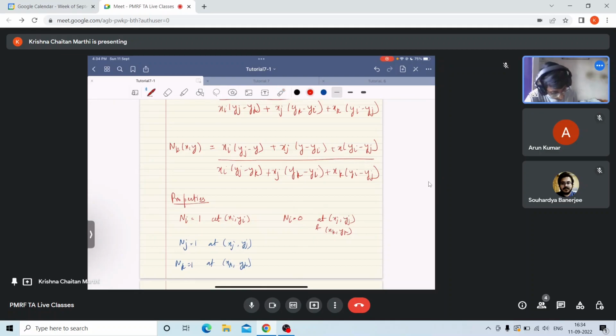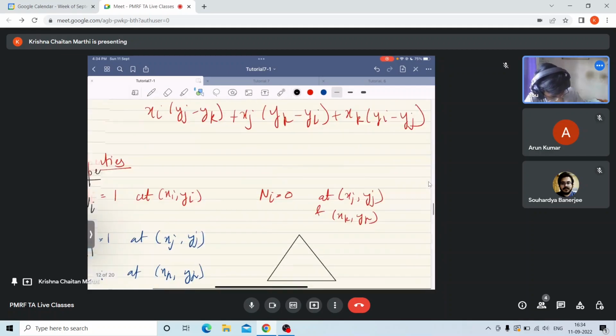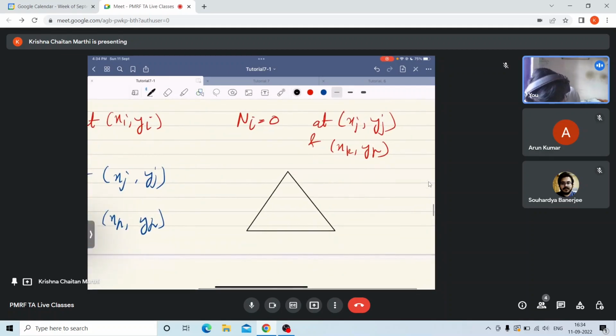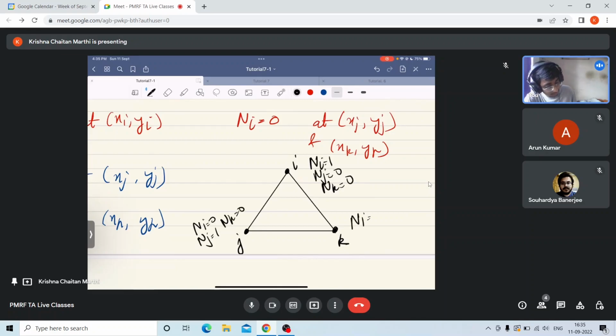Let us consider a triangular element with points i, j and k. At point i, Ni is 1, Nj is 0, Nk is 0. At point j, Ni is 0, Nj is 1, Nk is 0. At point k, Ni is 0, Nj is 0, Nk is 1.